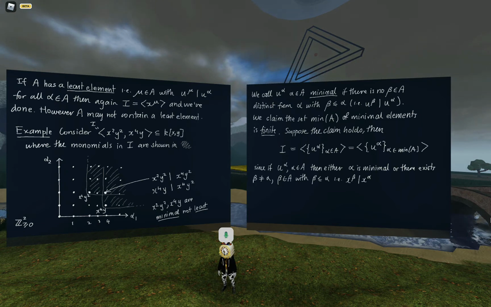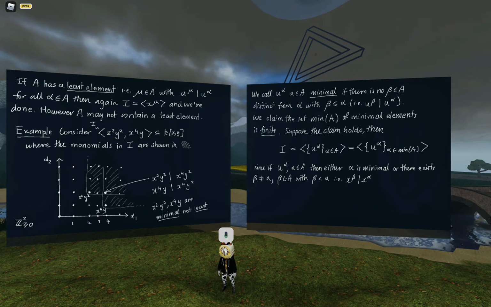If not, you can find something strictly less and continue this. Now, because there's only finitely many, at each point when you're doing this process, you're decreasing the sum of the entries of beta by at least 1. So it must terminate. So if you like, there's a little induction here.